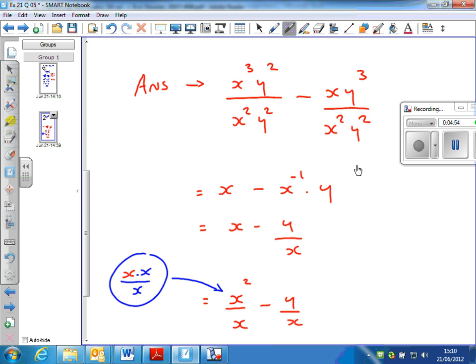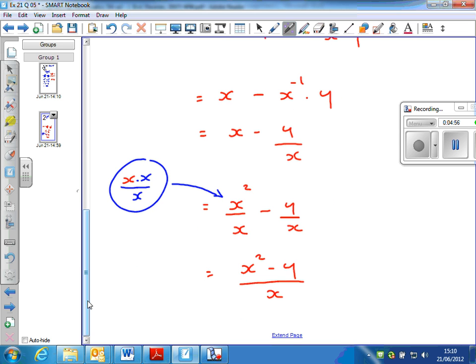And then note this last little step that you could do if you wanted. This answer here is perfectly okay. But if I did want a common denominator, and this is something that's sometimes used mathematically later on in engineering, if I wanted the denominator for both of these terms, the x and the y over x, to be the same, I have to make the denominator of this first term x.